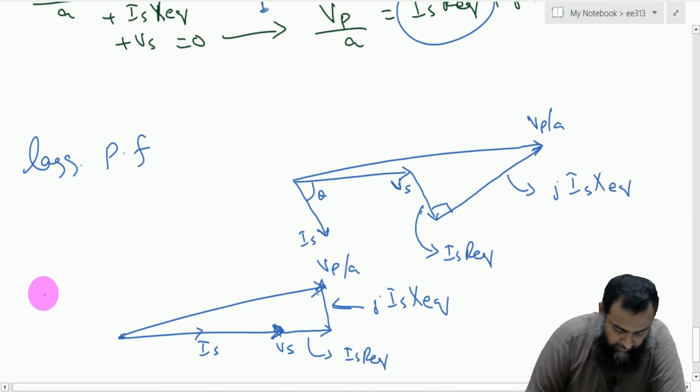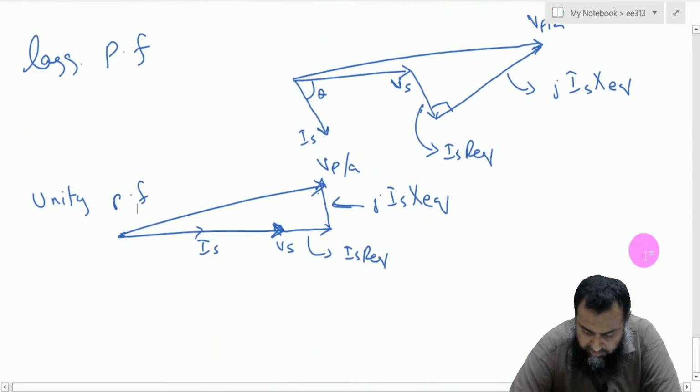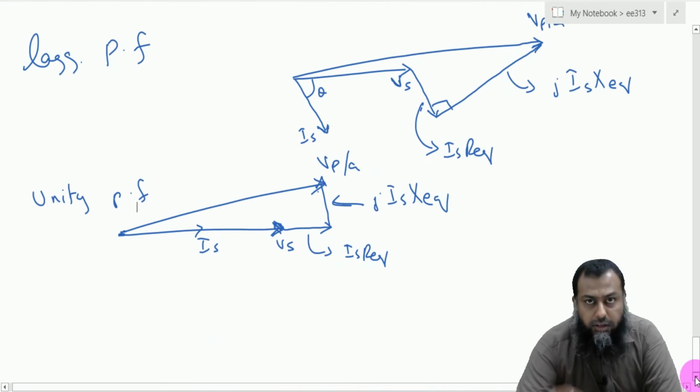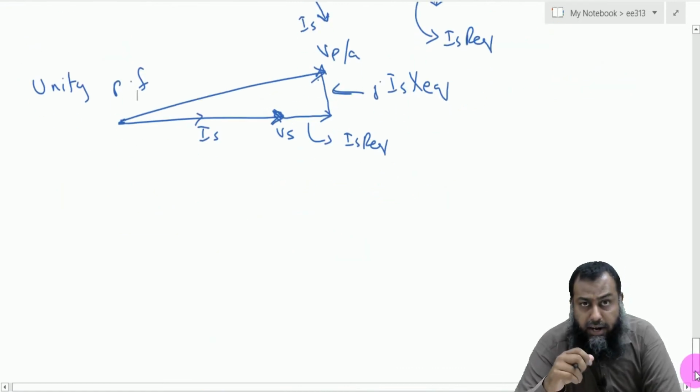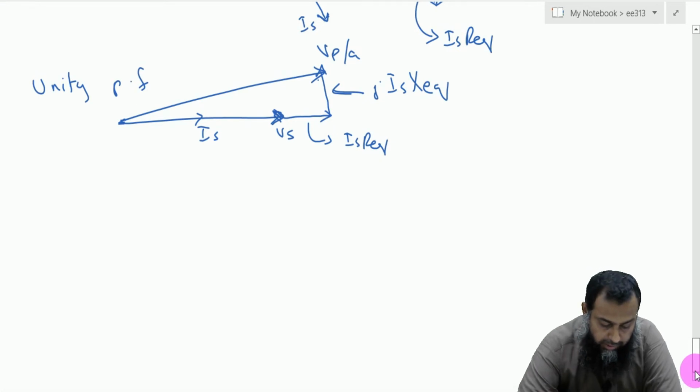We will do an example in the next class, so that we can understand how phasors are very handy in determining the regulation of a given transformer.